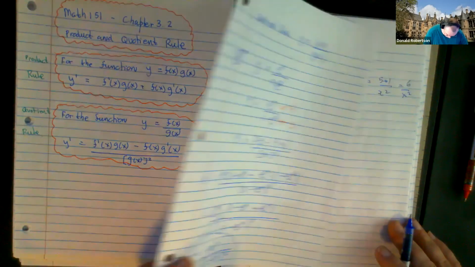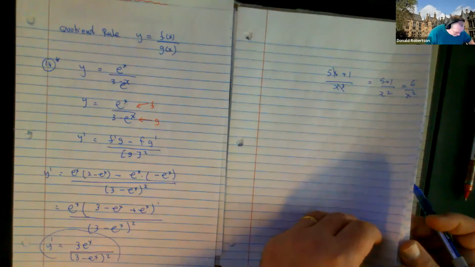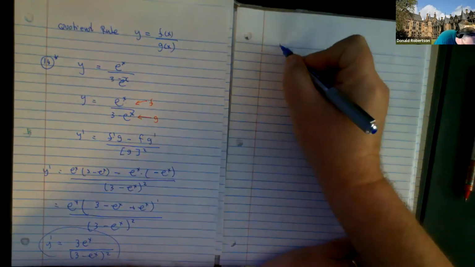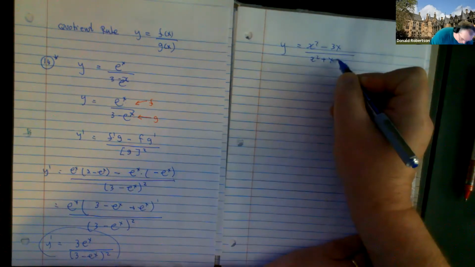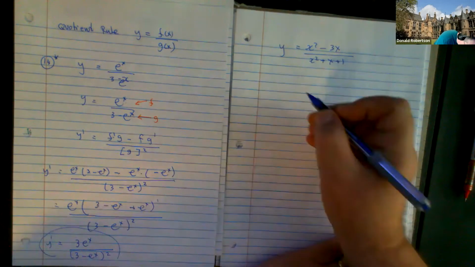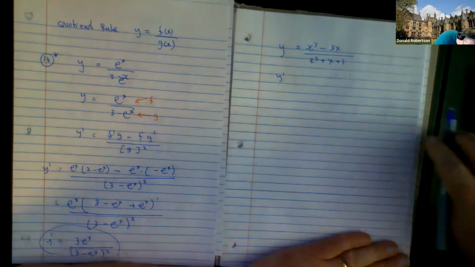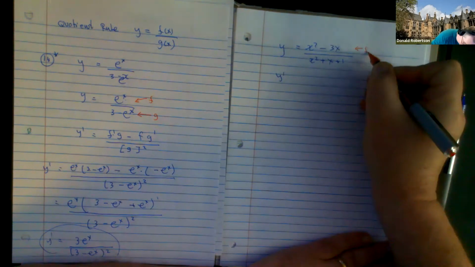Okay. Let's do a polynomial on the top and a polynomial on the bottom. So let's suppose I have a function x squared minus 3x on the top and x squared plus x plus 1 on the bottom. And I want to differentiate it. Top guy's f, bottom guy's g.